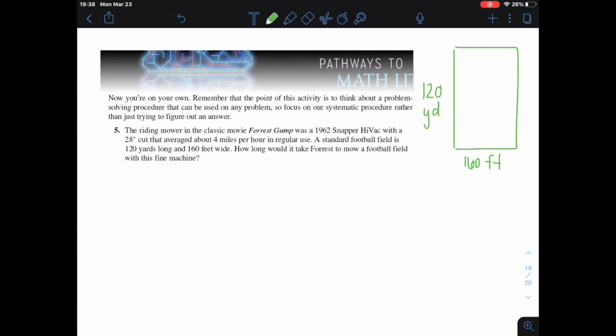Okay. So what's going to happen is Forrest is going to mow his lawnmower up in this direction, and it's 28 inches that he's going to cut. He's going to turn his lawnmower around, drive it back the other way, 28 inches again. And he's going to keep making these passes until he gets through the entire football field.